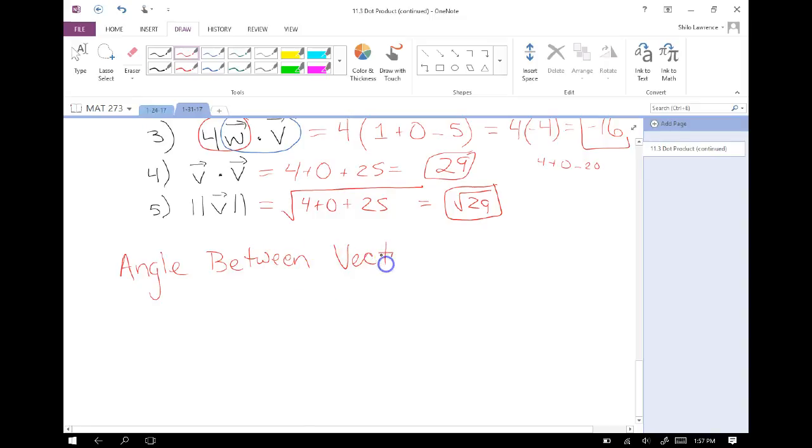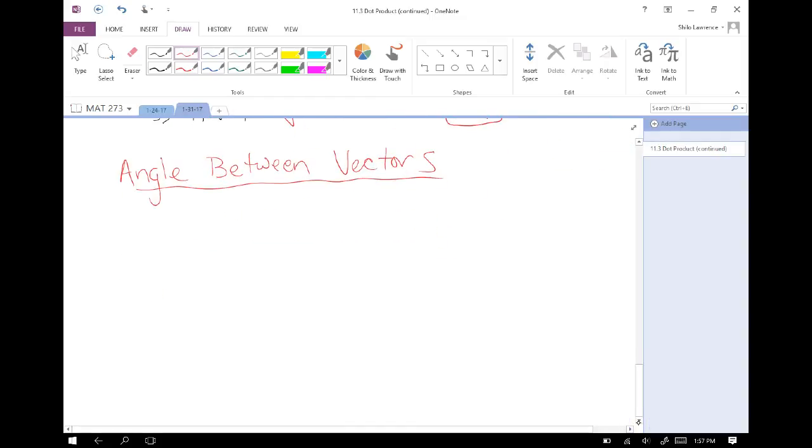This is easier to visualize in 2 dimensions because when we draw our vectors in standard position, they look more like angles. It's easier to see the angles. It's a little bit harder to see in 3 dimensions. But if we have vector V in standard position, and then we have vector W in standard position, the dot product is going to help us calculate the angle between those 2 vectors.